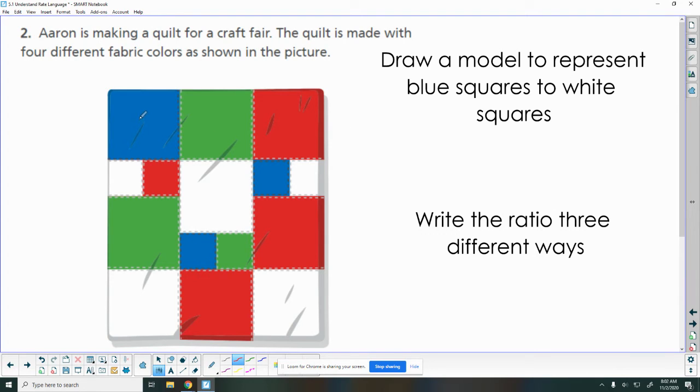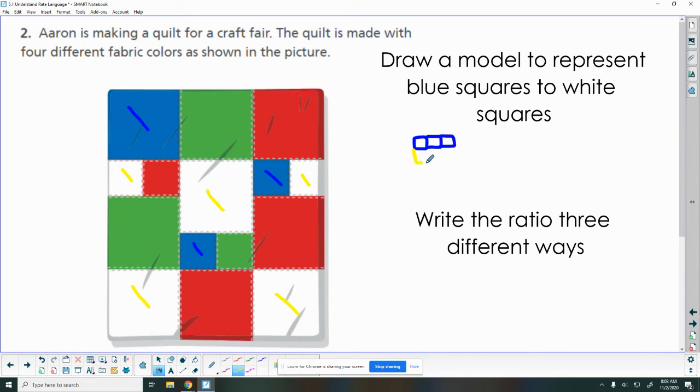So I'm counting blue here, and I have 1, 2, 3 blue. And then I've got white ones here. I'm going to use yellow to represent white. 1, 2, 3, 4, 5.